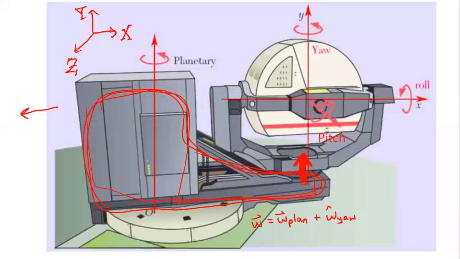Let me just double check, because I don't think I asked you to find an expression for the angular velocity of the gondola and the angular acceleration for that position shown, right? So you can do it in any one of those coordinates you want. You can express it in any system you want. It makes the most sense to do it in the little XYZ because that's what the person's going to feel.